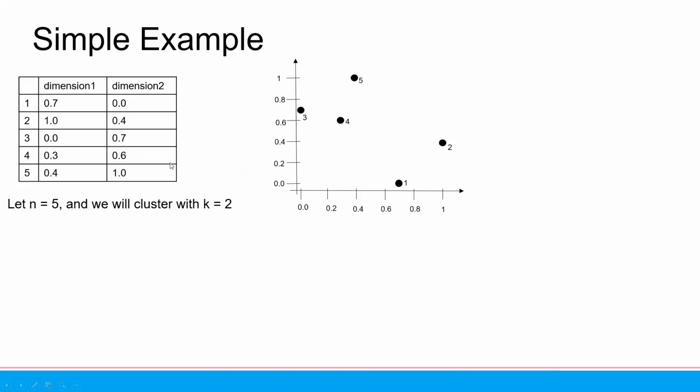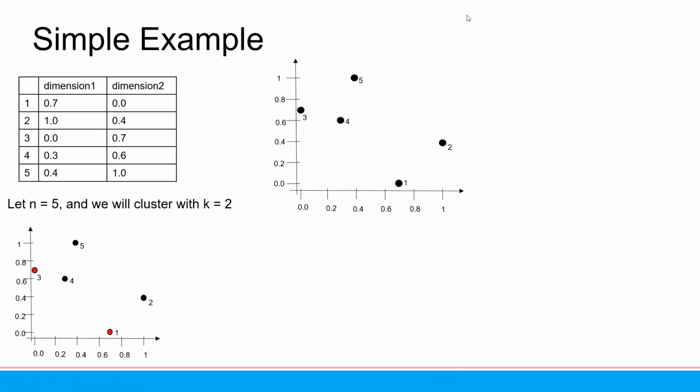If we return to the example that we had before, we have 5 objects, so our data is 5, and k equals 2. I want to create 2 clusters, 2 groups. If I have objects 1, 2, 3, 4, 5, I can select any object.